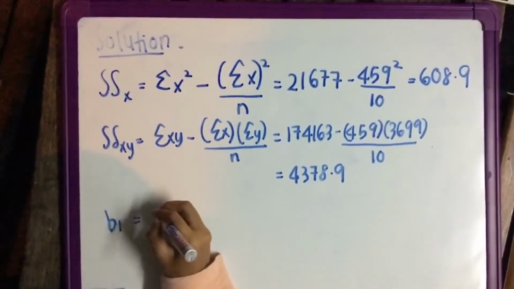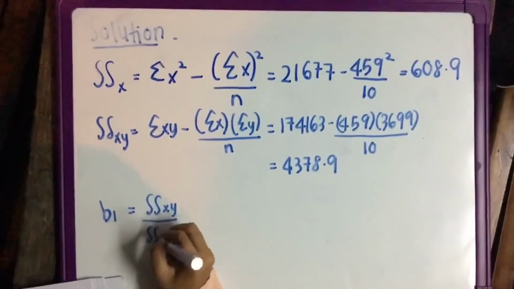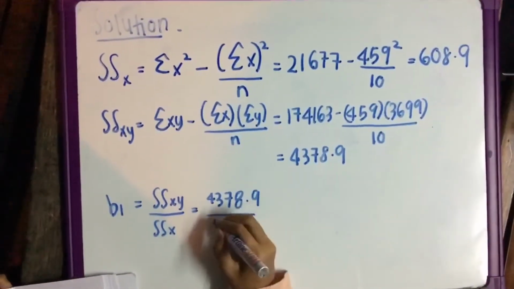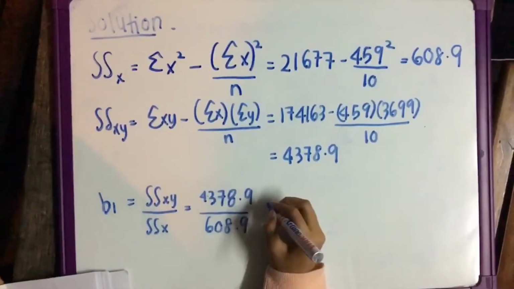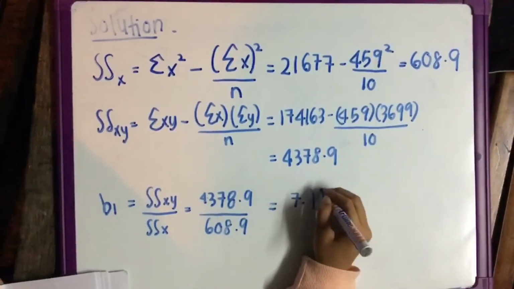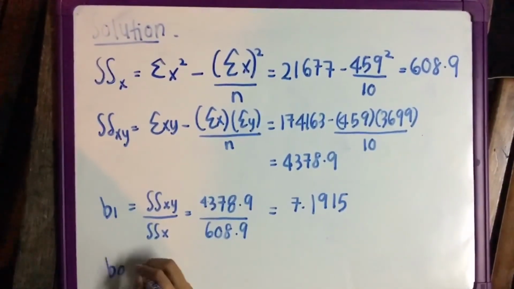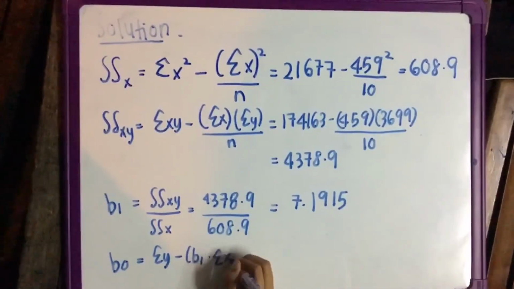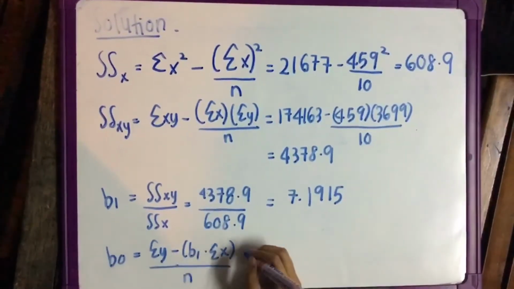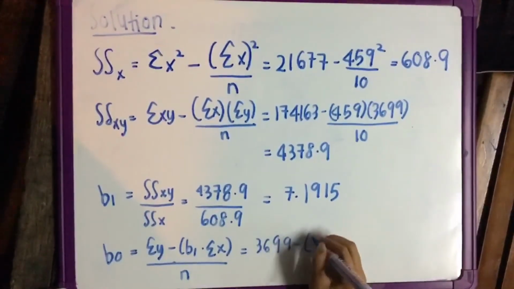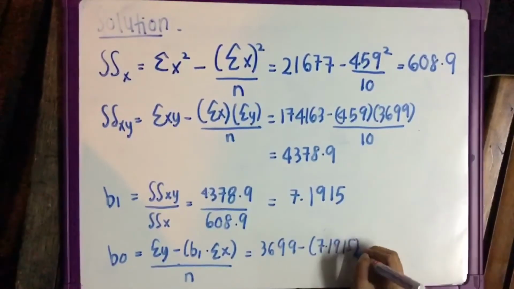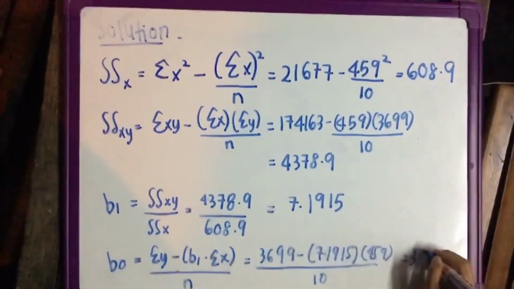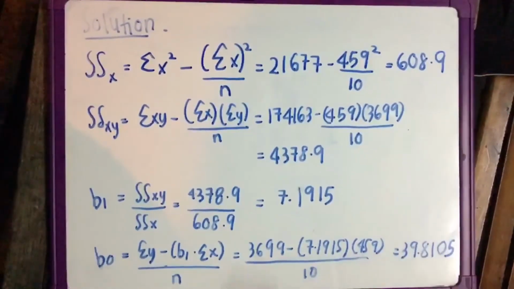Then find b1, which is SSXY over SSX, and then you will get the answer 7.1915. And then find b naught, which is total y minus b1 multiplied by total x over n. You got the answer $39.8105.